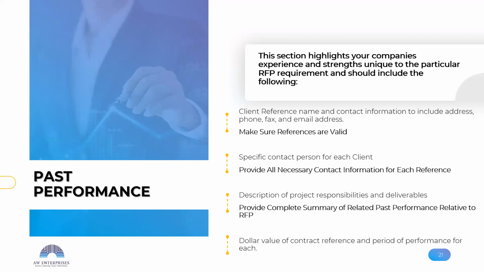In your past performance citations, you should also include a dollar value of the contract reference and the period of performance for each. Okay, so that's bottom line information that you need to include in that past performance.